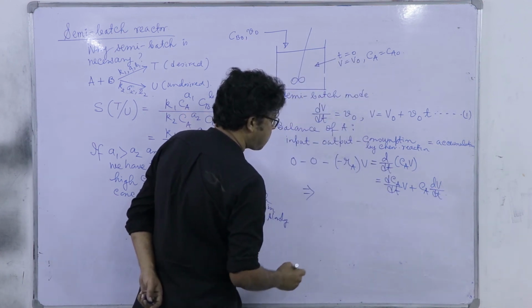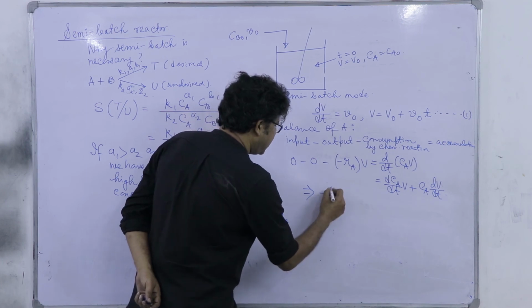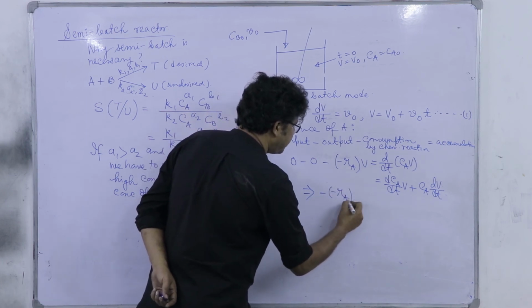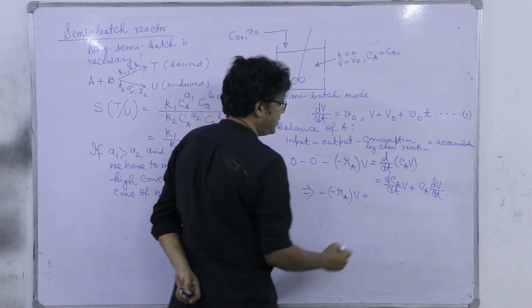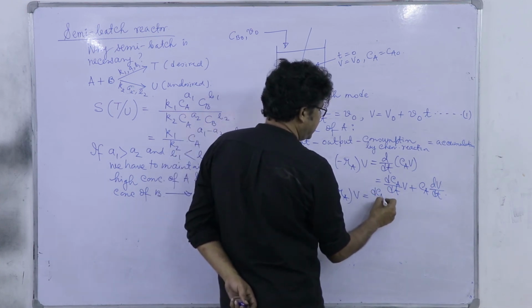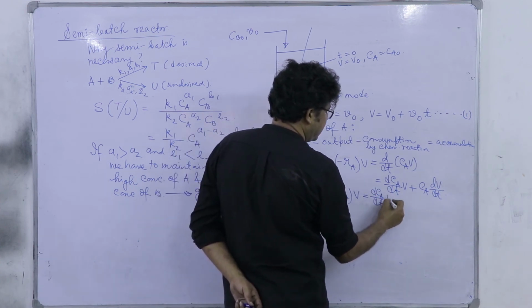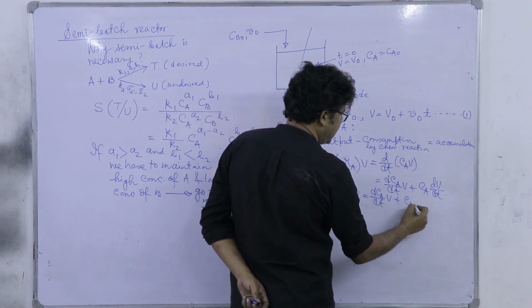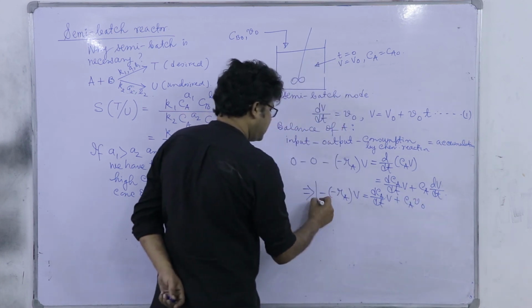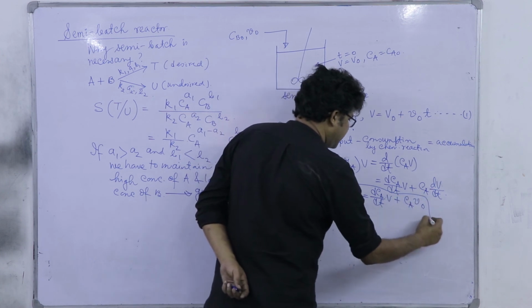So, it is minus of minus Ra into V is equal to dCa dt into V plus Ca into V naught. So, that is the balance for A.